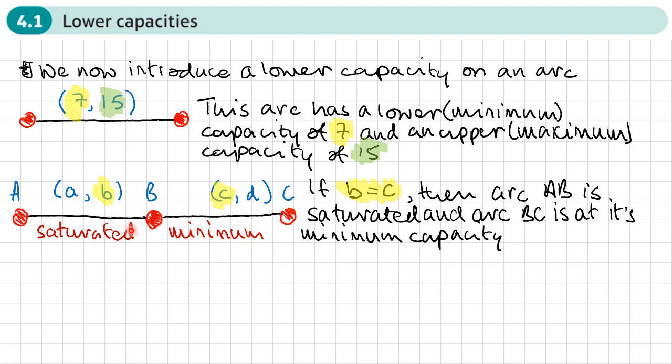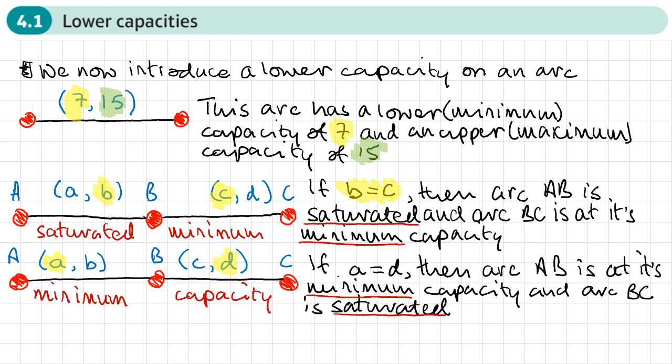In other words, the flow here needs to be at its maximum just to supply the next adjacent arc with its minimum capacity. This has to be at full flow here to enable this to flow at its minimum capacity.